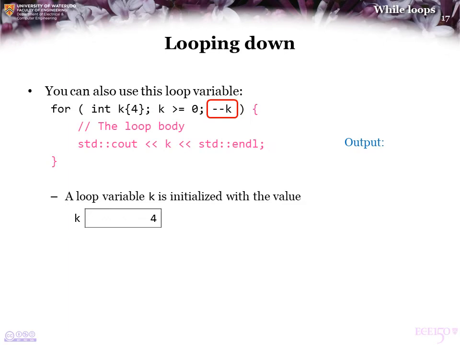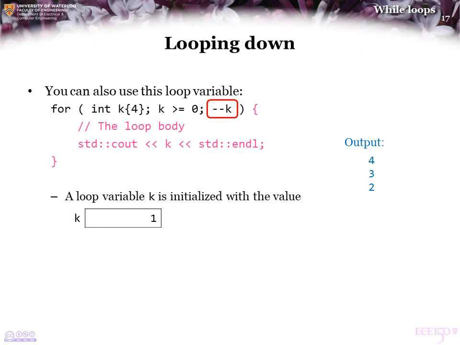The condition is true, and therefore we print the value of k and then decrement that value. The condition continues to be true, so we print 3, decrement the value, and because the condition continues to be true, we execute the loop body again, print 2, and decrement the value of k.